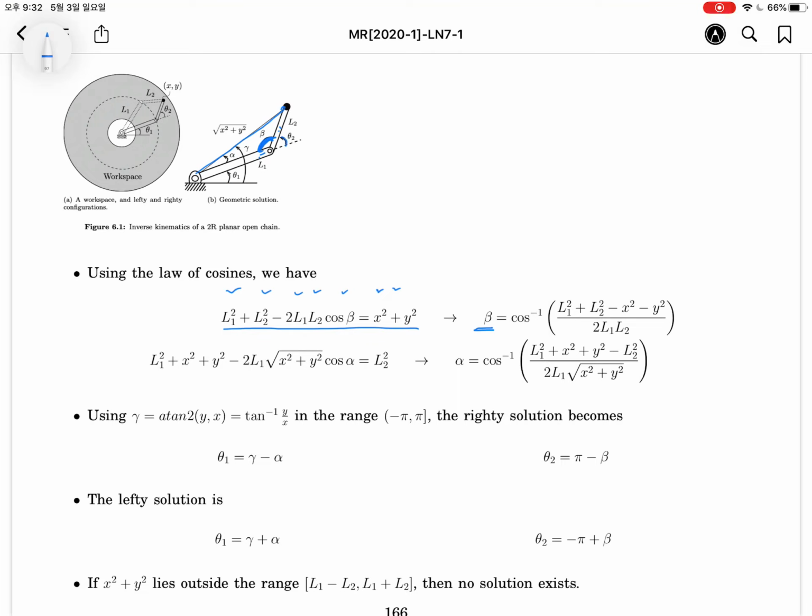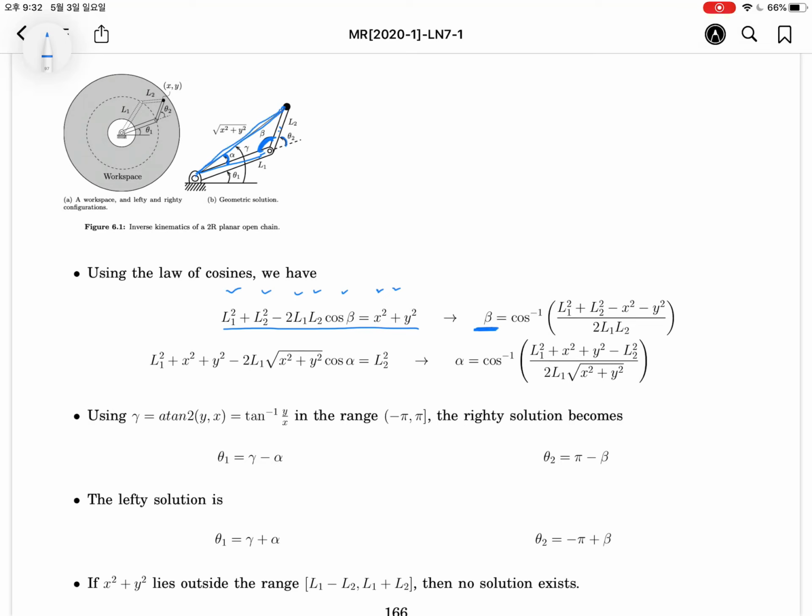After obtaining beta, θ2 can be represented in a very easy way. Anyway, beta can be obtained like this, and alpha can be obtained in a similar way.